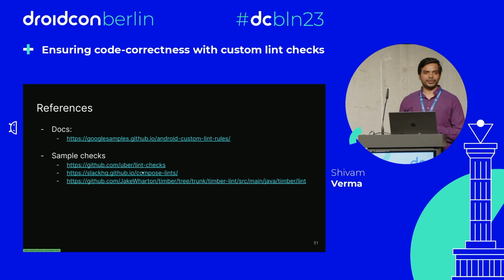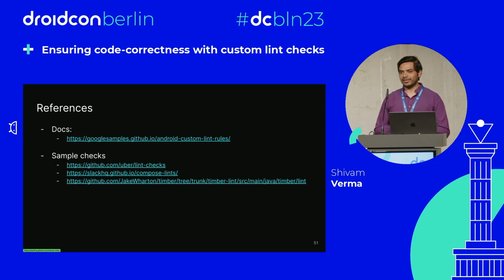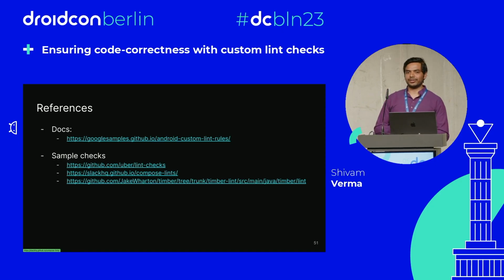So if you're trying to migrate a code base and you want to prevent the gotchas that developers can fall into while migrating from XML to Compose implementations, you can use these as a helper and potentially prevent problems. And finally, there's another implementation of lint by Jake Wharton. So if you use Timber and you try to use log messages with Timber, for example, you will see that it complains. So a couple of references for you to check.